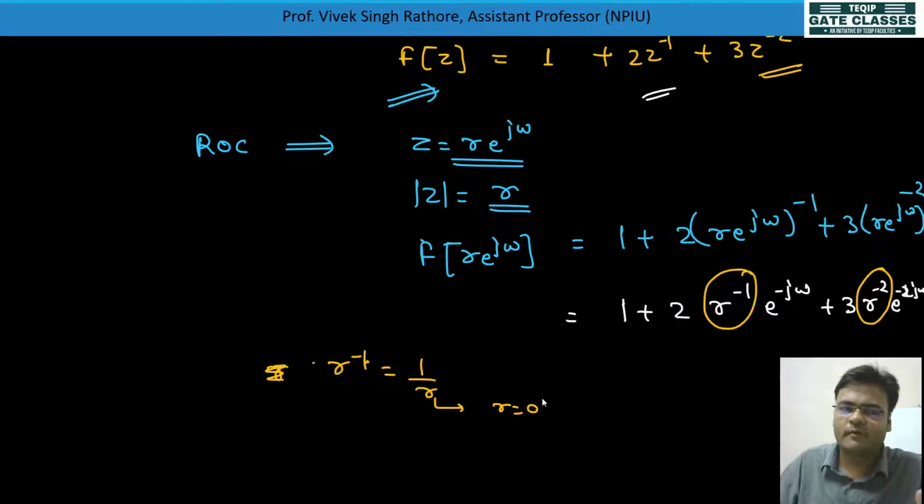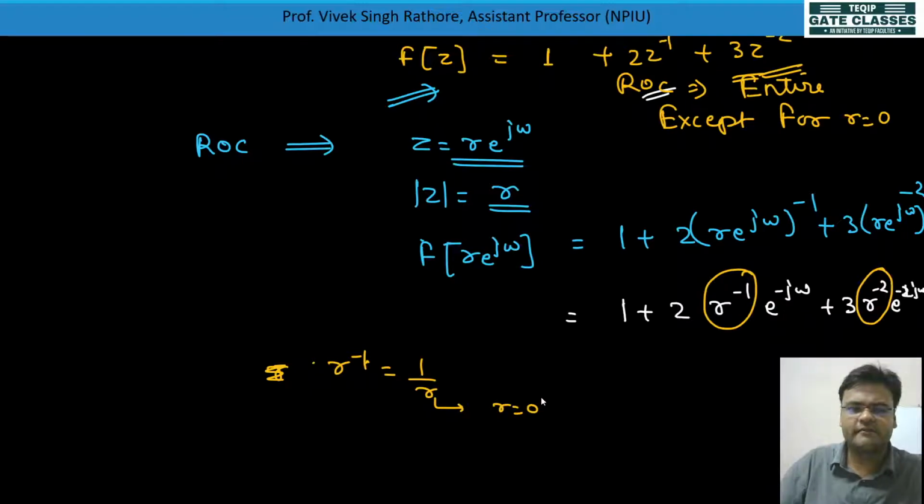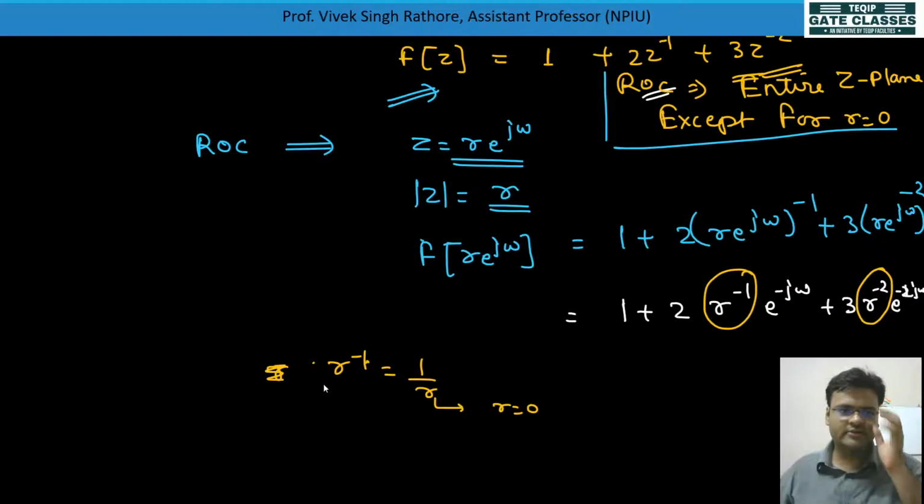No. So this expression will hold except for r is equal to 0. For r is equal to 0 this will not hold, but the ROC will be the entire z plane except r is equal to 0. Now I think by explaining this much you should understand the point I wanted to tell you.